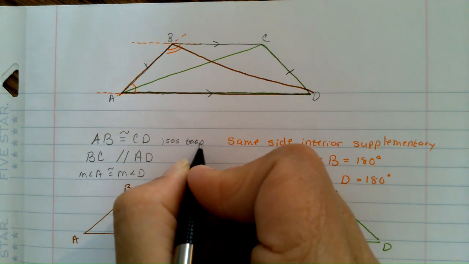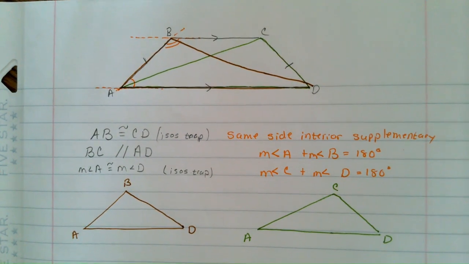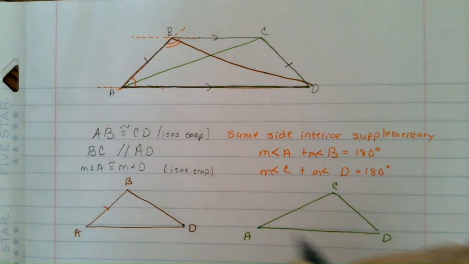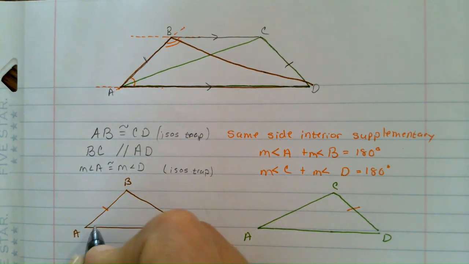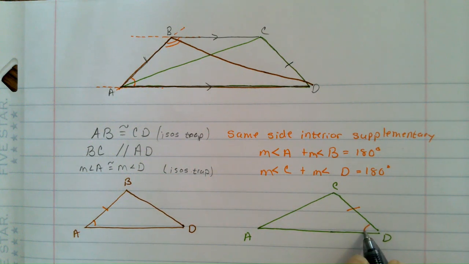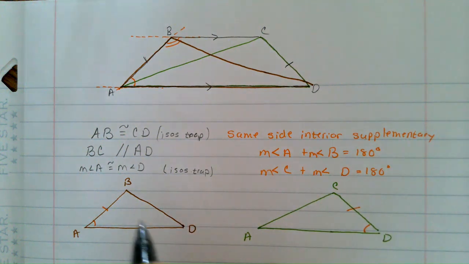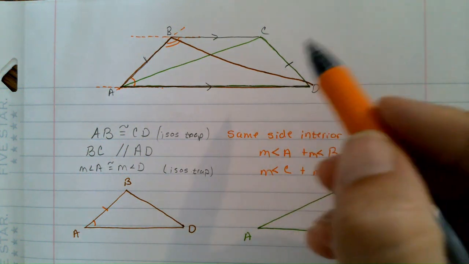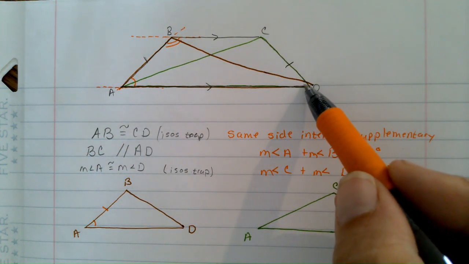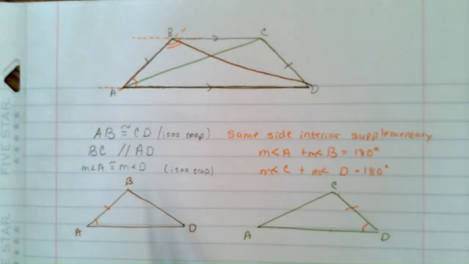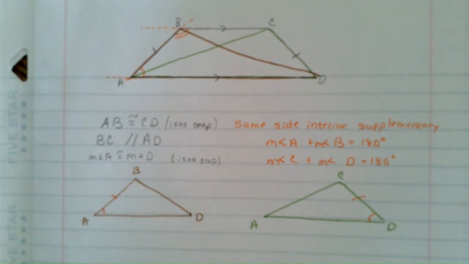Okay, so we know AB is congruent to CD. We know angle A is congruent to angle D. Only B and C were the ones that cut. So remember, in the green triangle, we're using all of angle D. And in the brown triangle, we're using all of angle A. So keep that in mind.